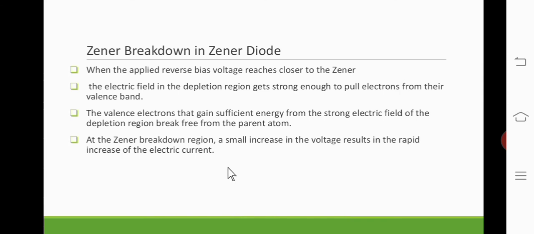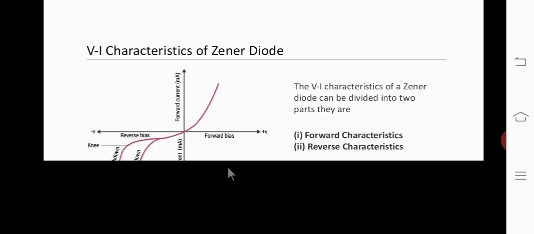Even a small further increase in the reverse voltage is capable of producing a large number of current carriers. Therefore, this junction has a very low resistance in the breakdown region. This is about the zener breakdown and avalanche breakdown.